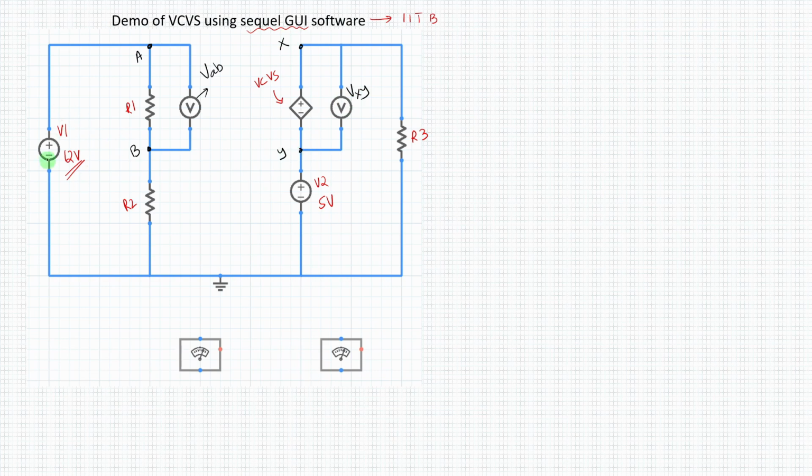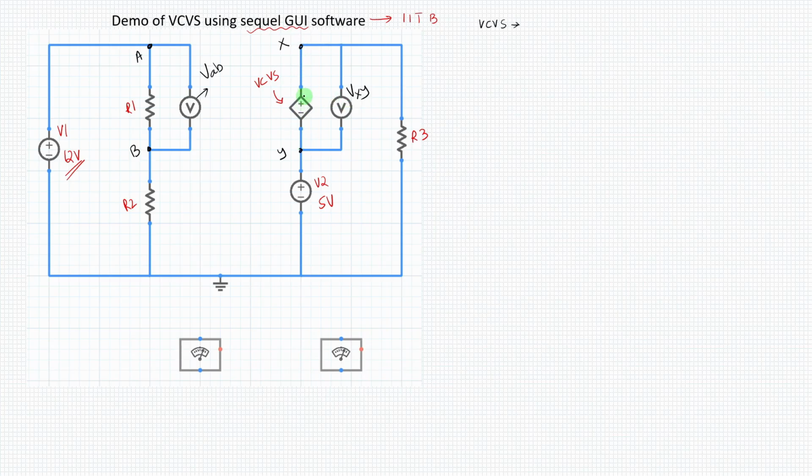Now I told you there is something special about this voltage V1. I just want you to understand certain things here. This voltage controlled voltage source, which I have defined here, has a magnitude of Vxy. You can see that X and Y are across this particular element.